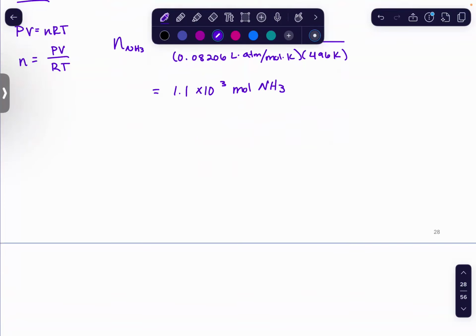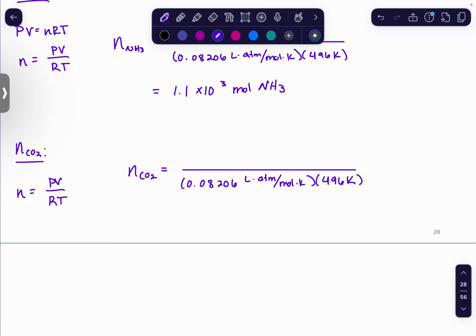Now, moles of carbon dioxide. So again, we're using our n equals PV over RT. All right, so 0.08206 liter atmospheres over mole Kelvin. Temperature is 496 Kelvin.